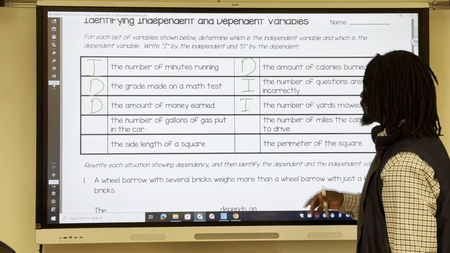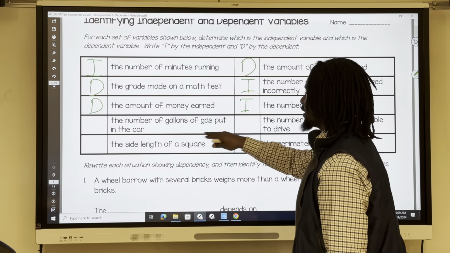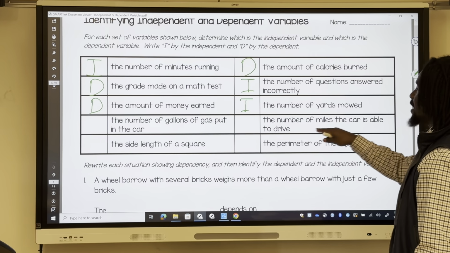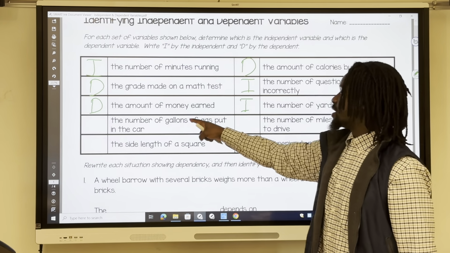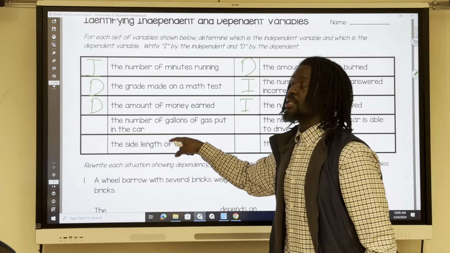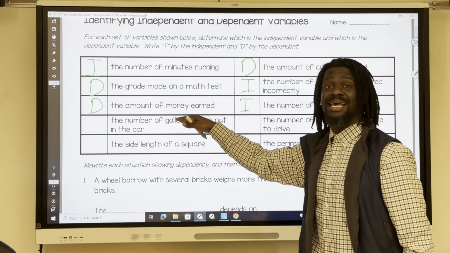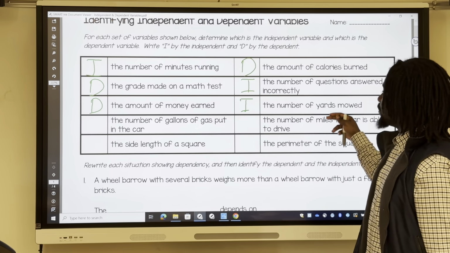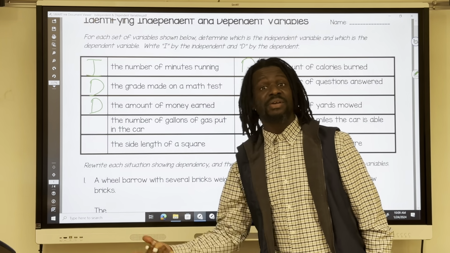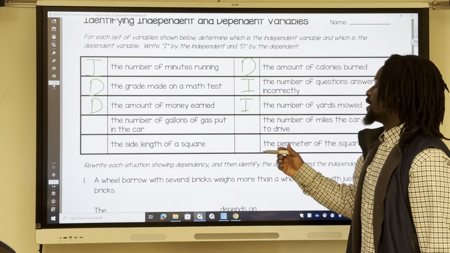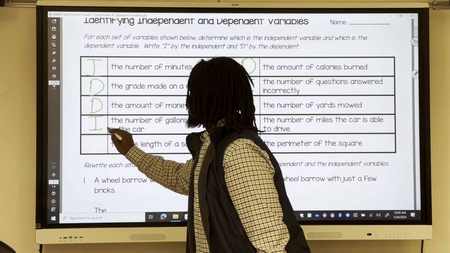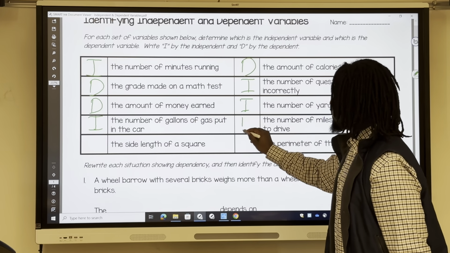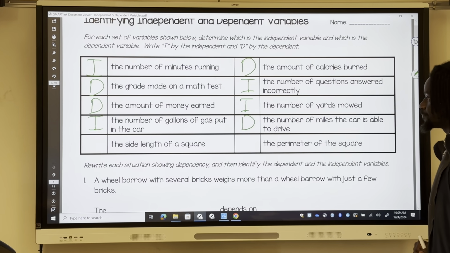All right, the number of gallons of gas put in a car and the number of miles the car is able to drive. Does the number of gallons of gas cause how much you're able to drive, or does how much you're able to drive cause the number of gallons in the car? The cause is the amount of gas. The amount of gas determines how many miles you're able to drive.